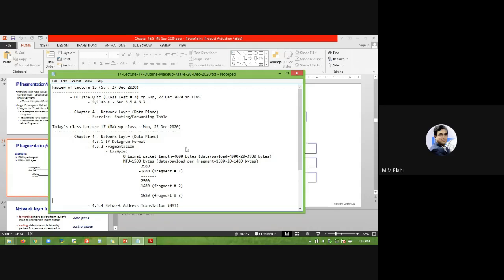If remaining bytes more than 1480, then definitely we would have to send another packet, right? Since 1020 remaining bytes is less than 1480, this is the last fragment. Now by this way we know how we can send 3980 bytes in how many fragments. You can take a note: fragment 1, fragment 2, fragment 3, and then now you can see the example again. Is it clear? The calculation clear?